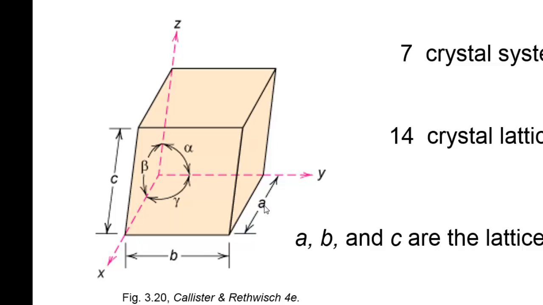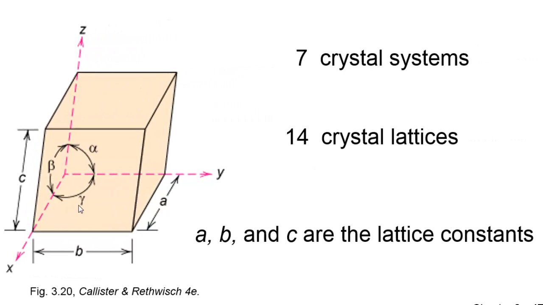Now, based on these lattice parameters A, B, and C, and these angles alpha, beta, and gamma, we end up with 7 crystal systems, and those crystal systems have one or more lattices that can be developed from them.